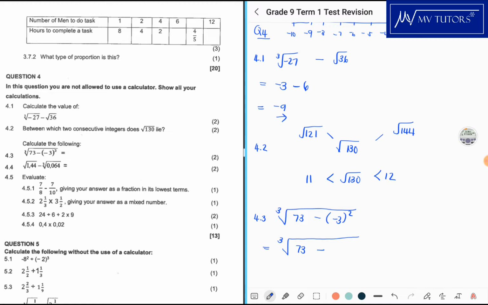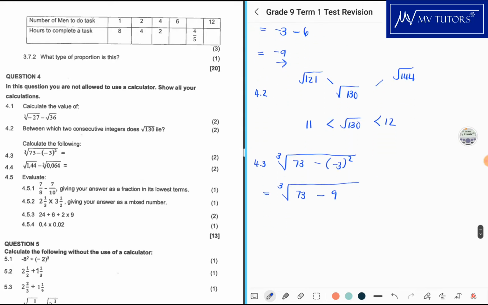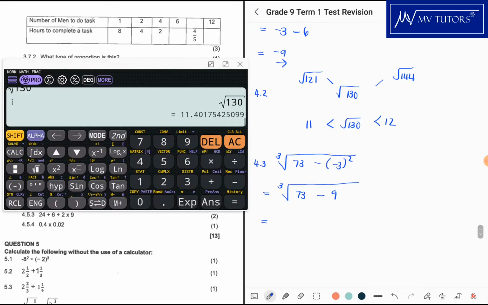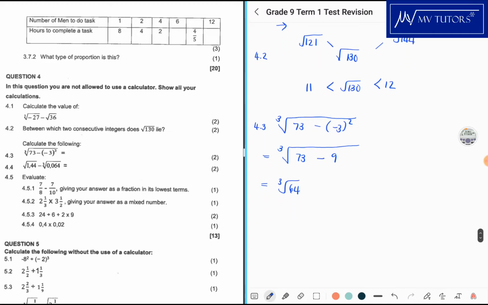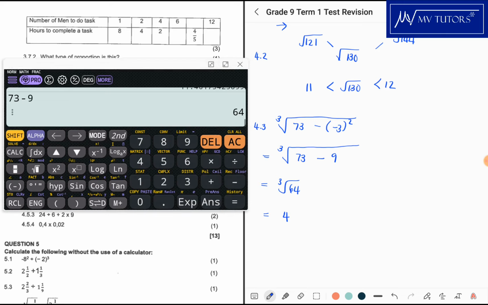So negative 3 squared will be 9. Okay, and now we have 73 minus 9. Okay, what's 73 minus 9? That is 64. And you should identify at this point in time that the cubed root of 64 is actually 4. The square root of 64, however, is 8. And if you're not sure, check. The calculator is there to check, okay? So just check your answer and you will see that it is 4.